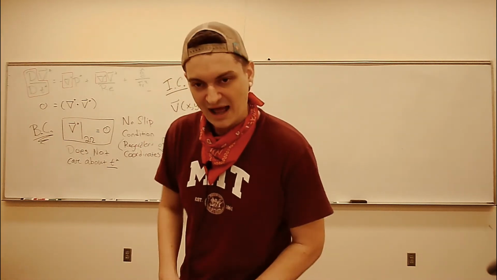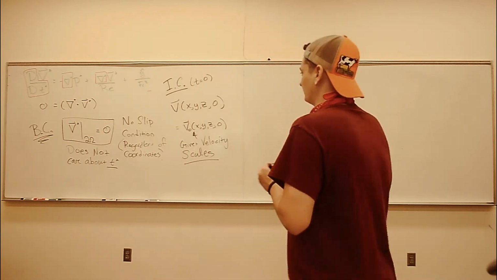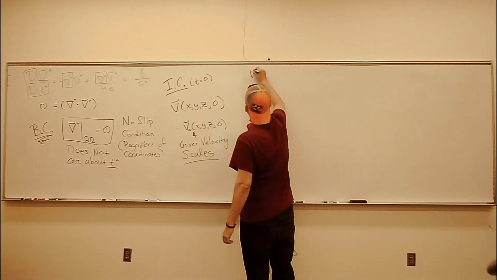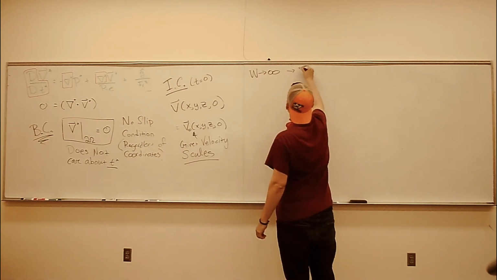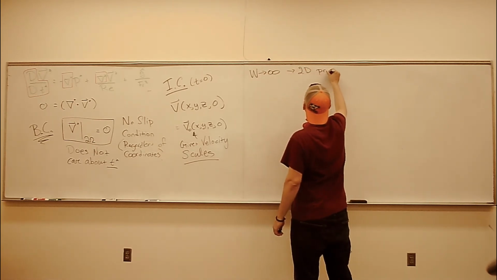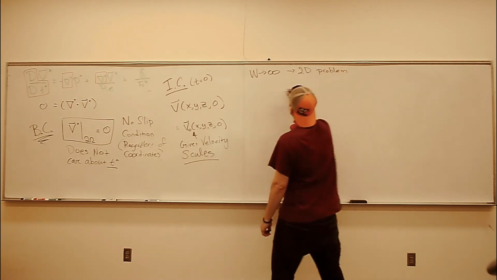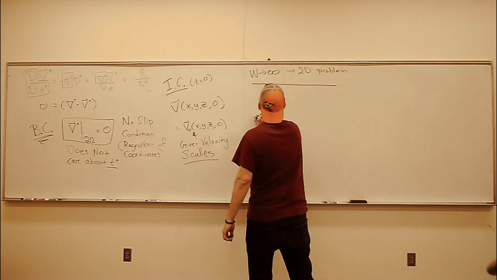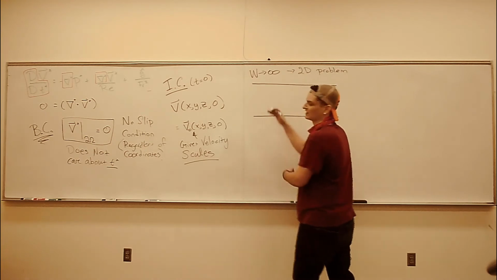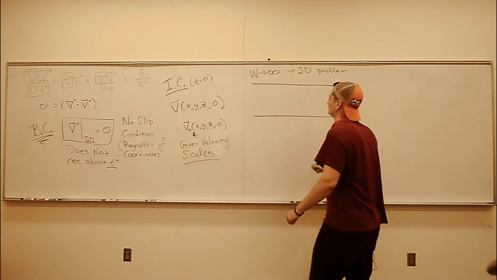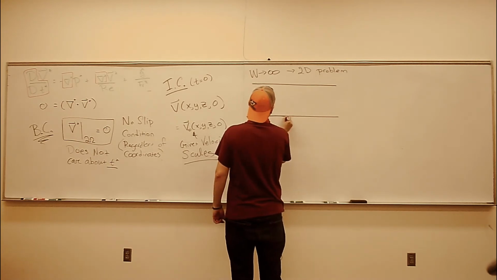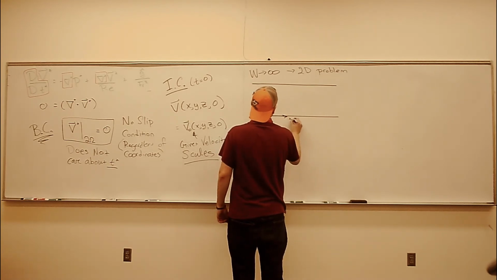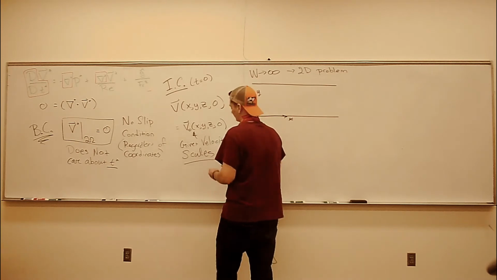OK, so back to our concept. What I said was I'm going to make W go out to infinity, and that informs me that it's a 2D problem. So now I have this situation here, because there's no change in and out of the board. Here's y, and this will be my x direction in the coordinate system.